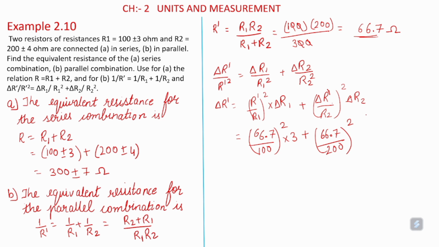So it is 200 plus or minus 4, so delta R2 will be 4, into 4. Right. Now upon solving this we will get the answer 1.8. So our delta R dash is 1.8. So our equivalent resistance R dash with the error would be 66.7 plus or minus 1.8 ohm. Right? Thank you.